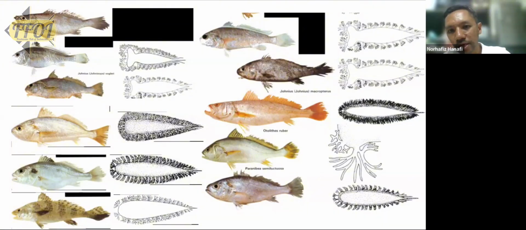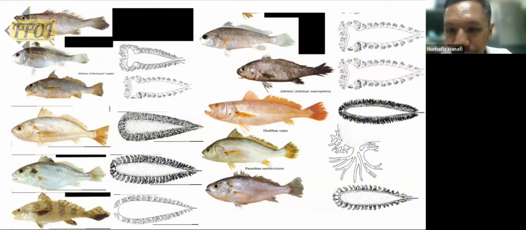We take a picture of the fish, and then we also take a picture of the swim bladder. So we can know the genus level at the beginning step. It's like a carrot shape. Okay, they have a hammer shape. Like Johnius, it has a hammer shape. It has a carrot shape. It has appendages like this. Then it has appendages like this. It has a shape like this. So this is important when you want to do genus level identification.